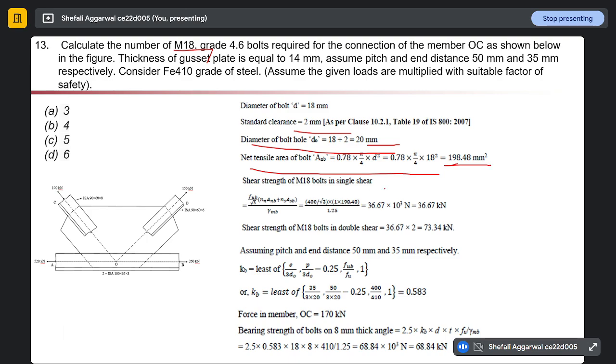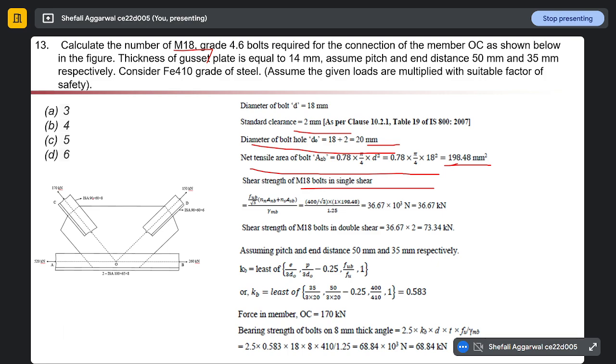Next is the shear strength of the M18 bolt in single shear. The shear strength formula is given by f_ub divided by root 3 times (n_n A_nb plus n_s A_sb). So f_ub is 400, and the number of bolts in the shear direction is 0.